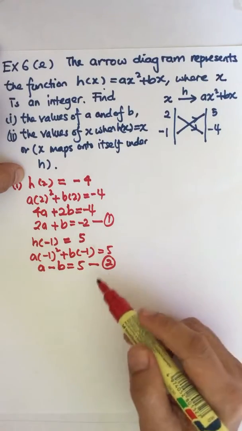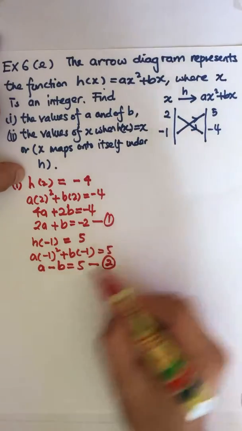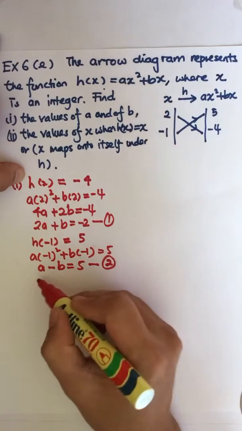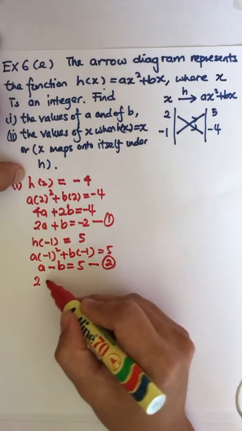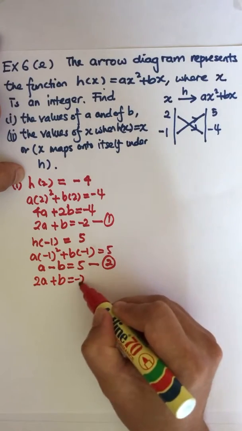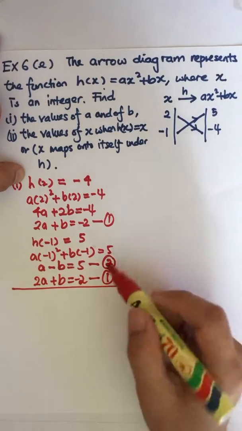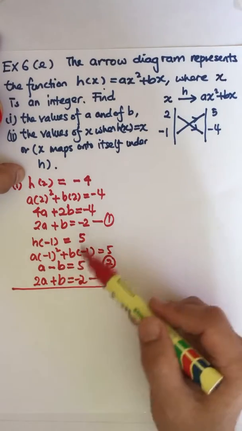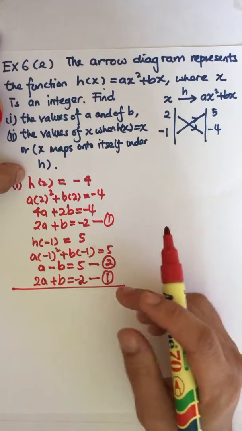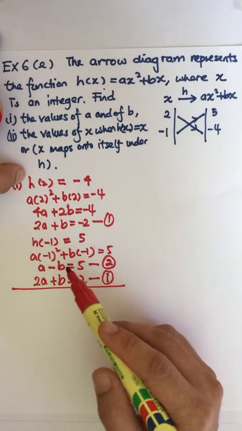It's called the elimination method. You can copy down this 2a + b = -2 under equation number 2. The elimination method means we want to eliminate one of the variables so that you get a linear equation with only one variable, easy to solve.